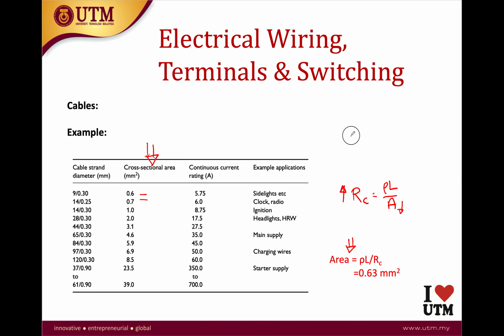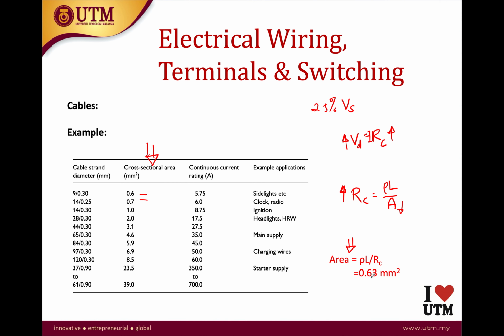And then if you go back to your equation, if resistance increases, you also increase your voltage drop, and our voltage drop is capped at 2.5% of your voltage supply.